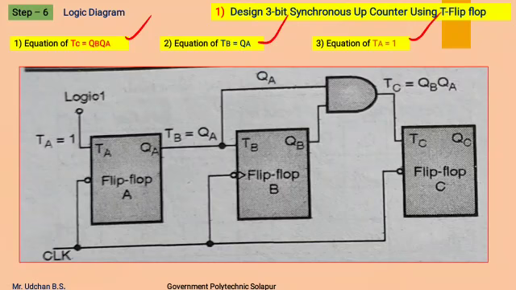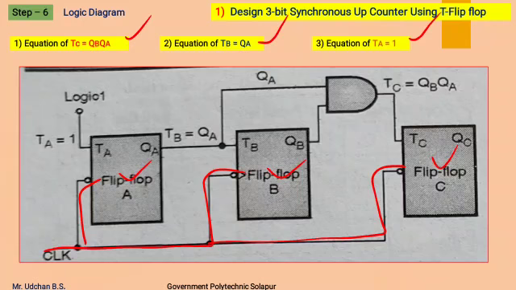We have to design 3-bit synchronous up counter, therefore 3 flip-flops are used. A common clock pulse is applied to all the flip-flops. After that, as per the equation, TA is 1, therefore this TA is connected to logic 1.